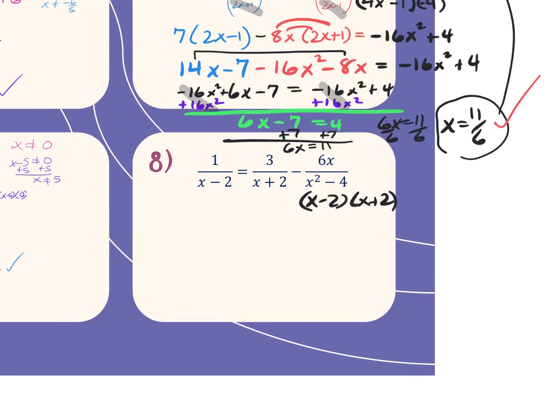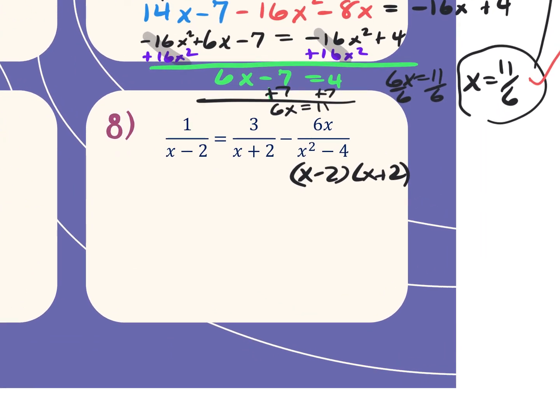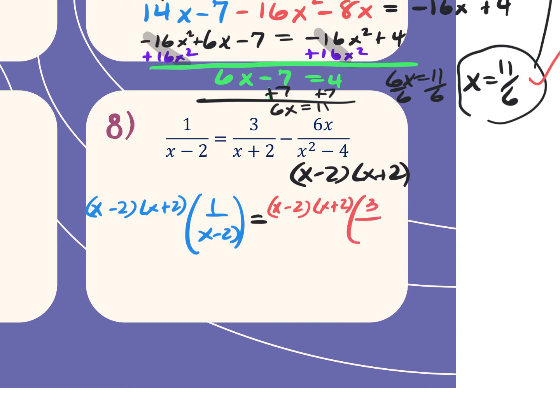So let me go ahead and multiply each one of my terms by that LCD. So I'm going to multiply x minus 2, x plus 2, times the 1 over x minus 2. Then the next one, x minus 2, x plus 2 gets multiplied to the 3 over x plus 2.